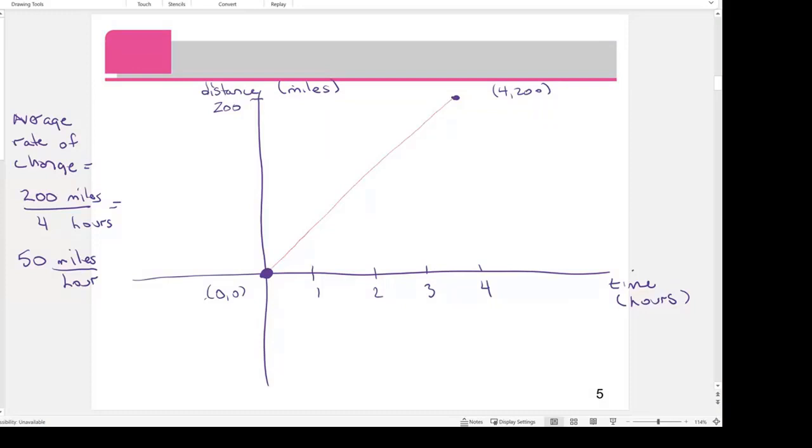So let's talk about what happened on our trip. Well, we obviously got in our car, and for the first hour, I went, this is 100, let's make this 50, and then let's make this 150, okay? In the first hour, I drove 75 miles.